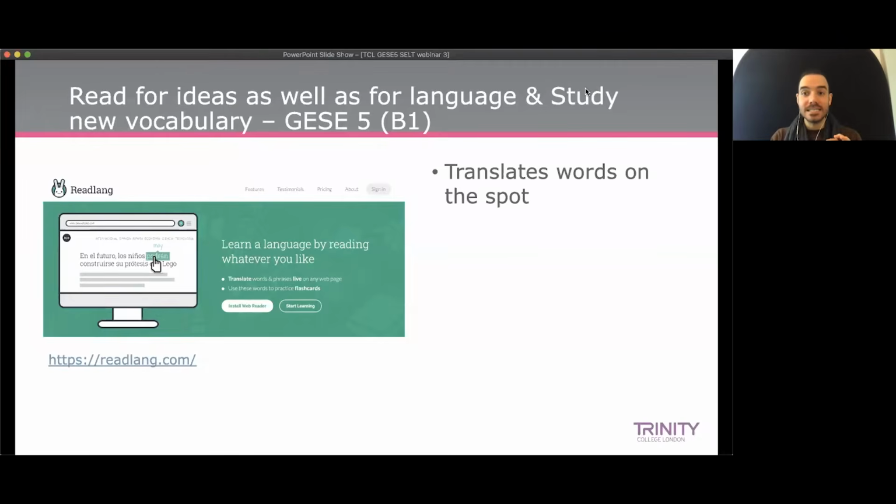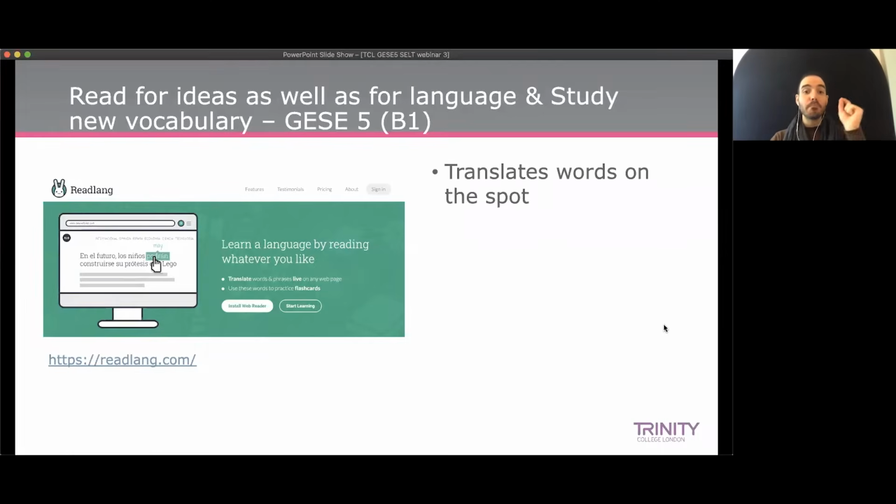What it does is it translates words on the spot. So you don't need to go back and forth from the text to the dictionary, text, dictionary. It does it on the spot.